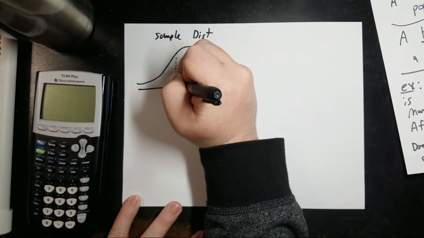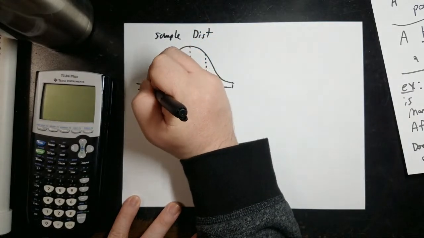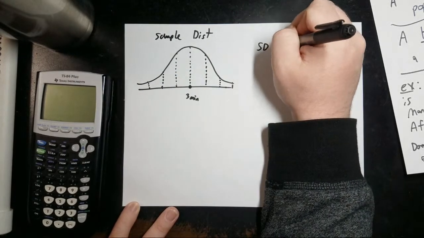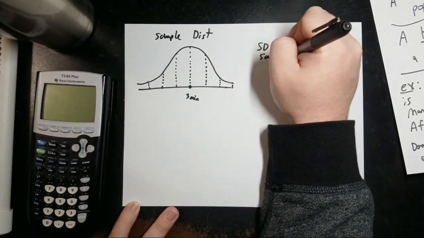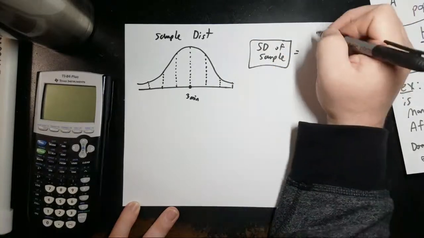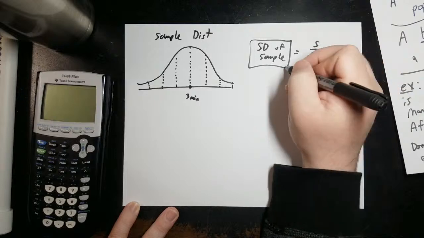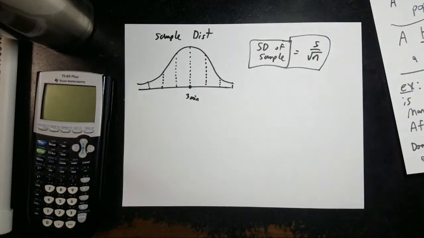And each of these dot lines represent a certain number of standard deviations away from the mean. Now, a standard deviation of a sample would actually have to be calculated by dividing by the square root of n. That harkens back to the confidence interval sample that we just talked about before.